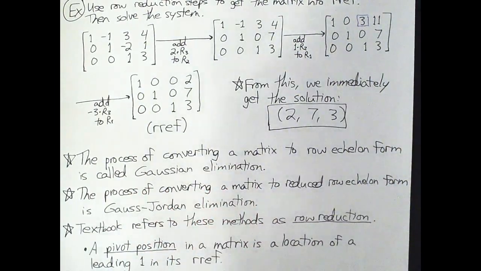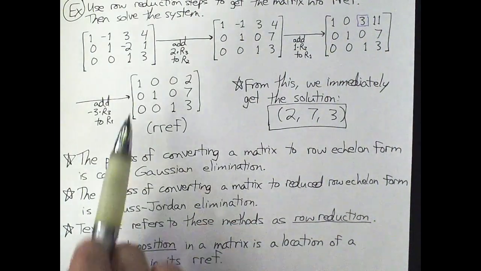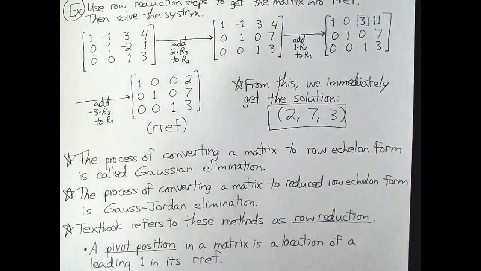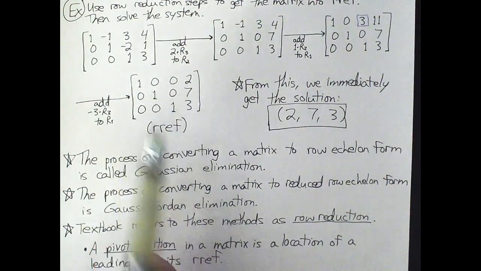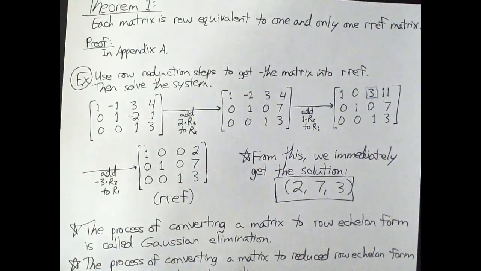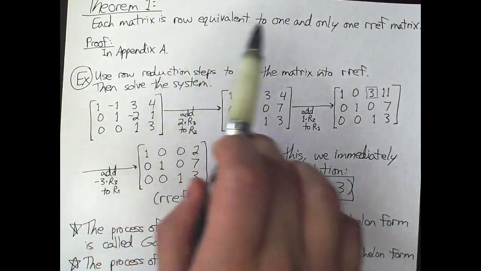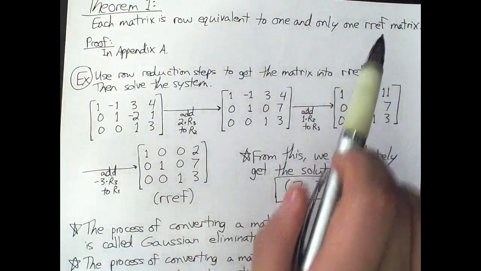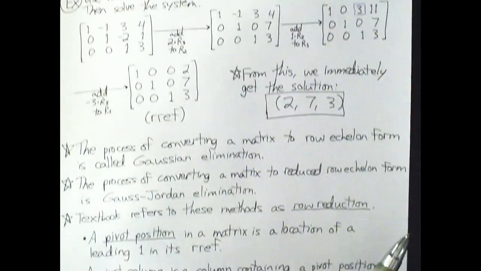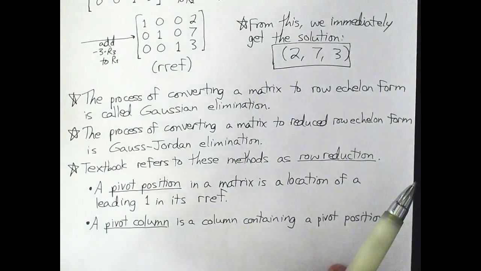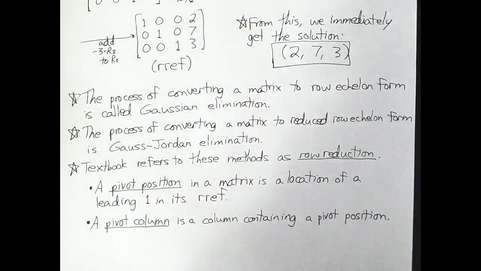I think in the end, you're going to wind up doing about the same amount of work, and you're going to wind up at the same result. We know you're going to wind up at the same result because of the theorem. There's one and only one reduced matrix that you could get from this process. All right? So that's my little speech about flexibility in steps.